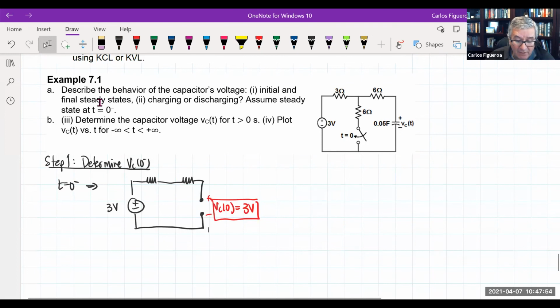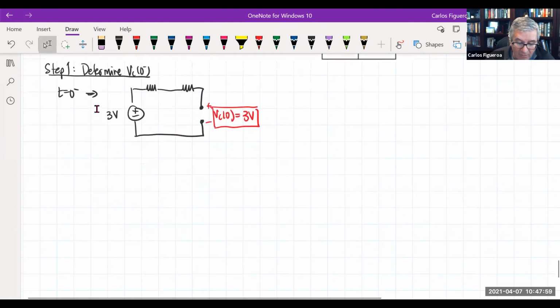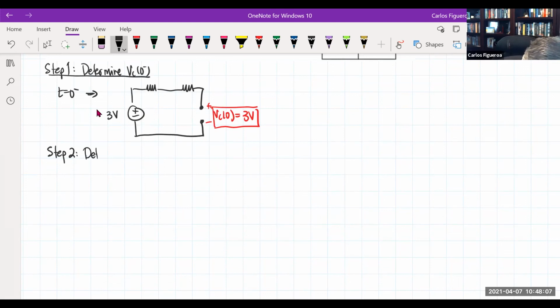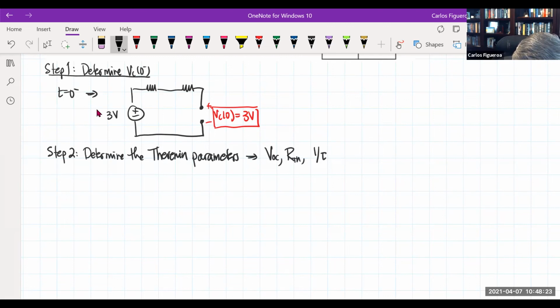The next thing I want to do is that now the switch is thrown. So now I want to determine the Thevenin parameters. That implies I want VOC, RTH, and I want 1 over the time constant.